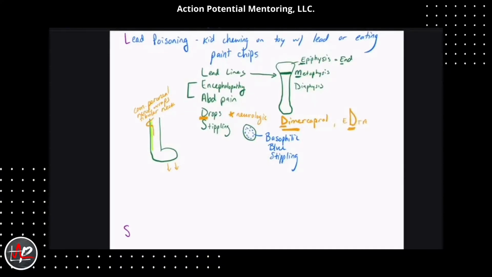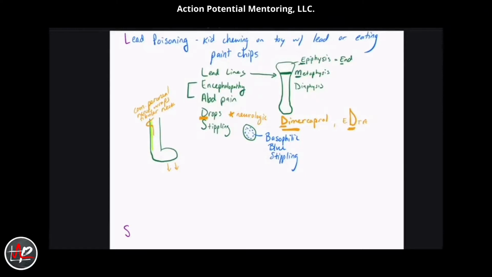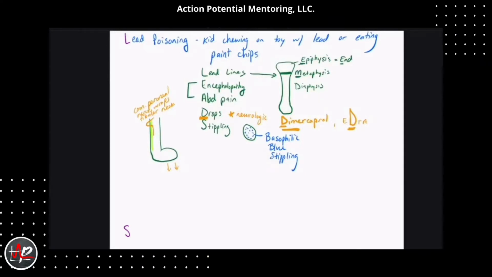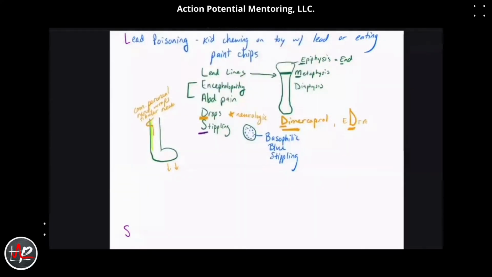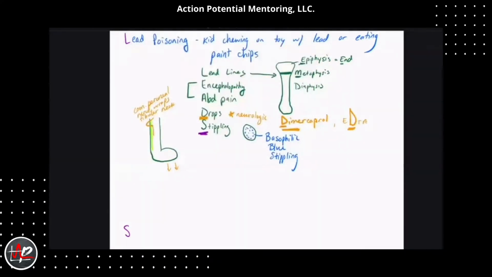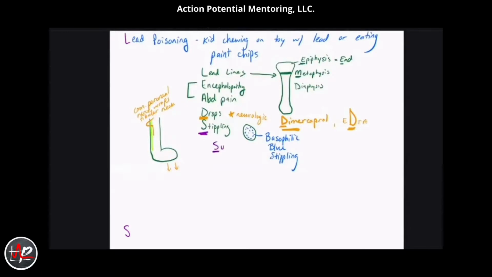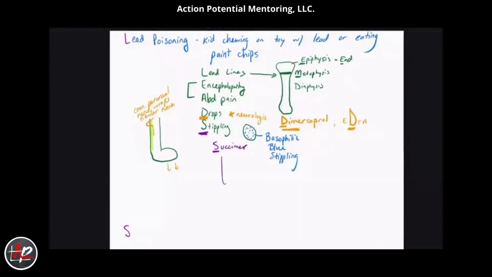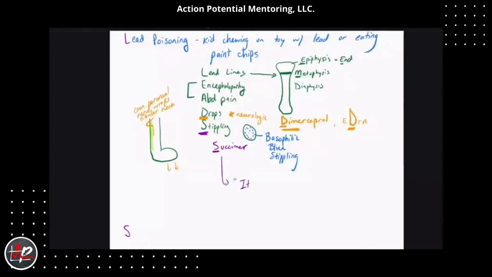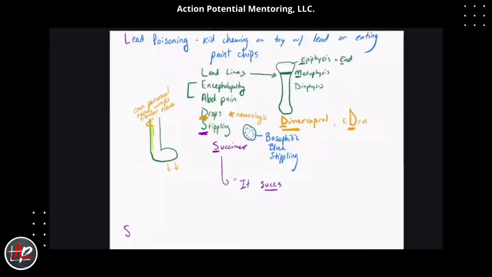Lastly, the best treatment if it's a kid is Succimer. I think the S for stippling also goes with S for Succimer. The classic mnemonic here is, it sucks to be a kid with lead poisoning.